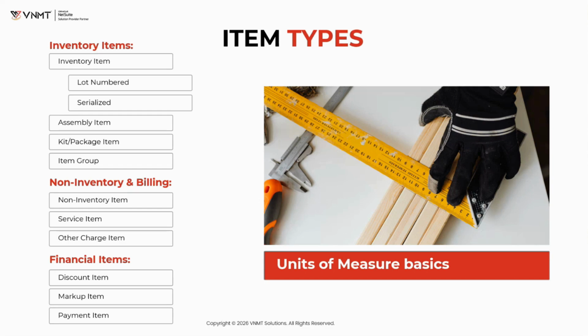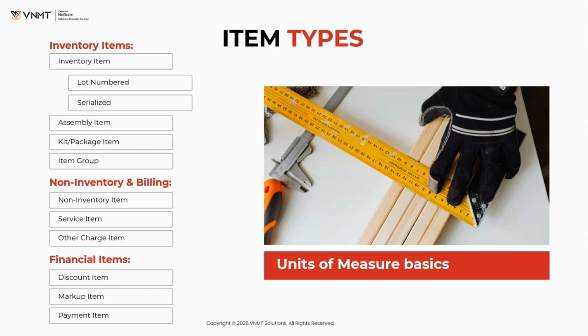And other charge items would be something akin to one-time payments that your customer pays to you or you pay to your vendor. Something similar to, let's say, your warranty or any other charge you incur on your customers or you have incurred. Next up are your discount items, markup items, and payment items.